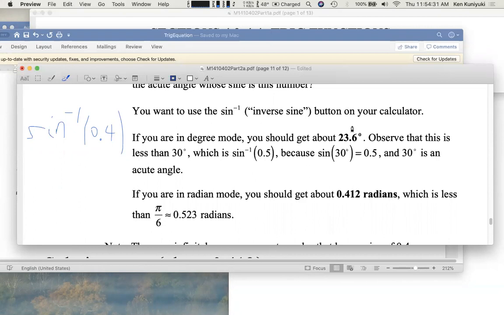Now in degree mode, we're going to get 23.6 degrees. In radian mode, you're going to get 0.412 radians.